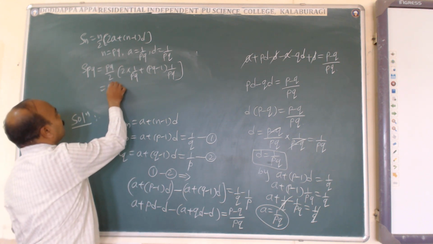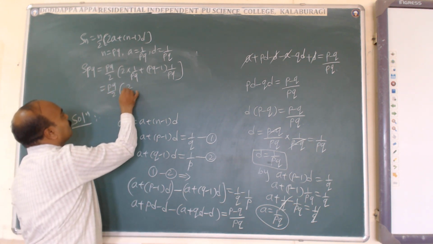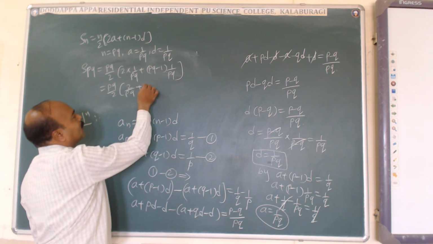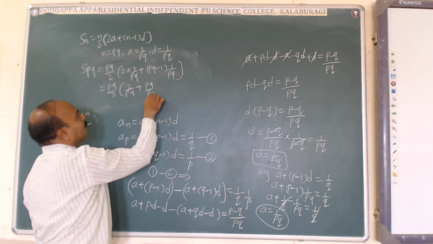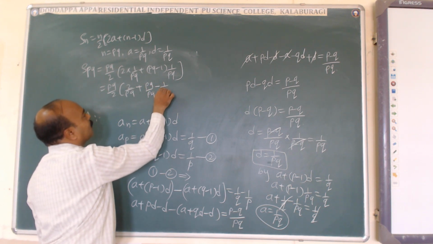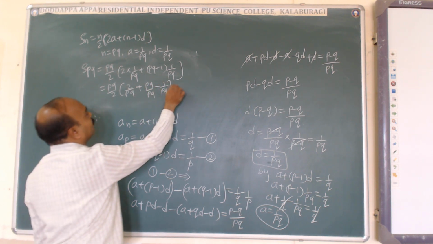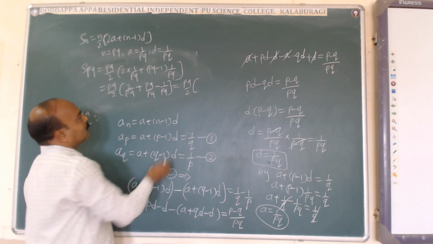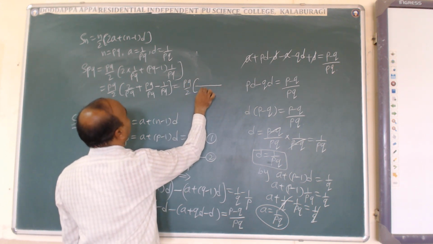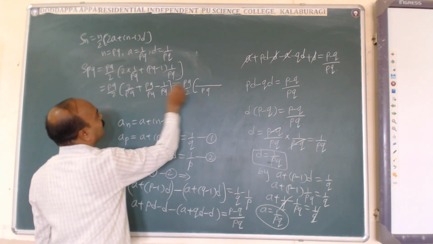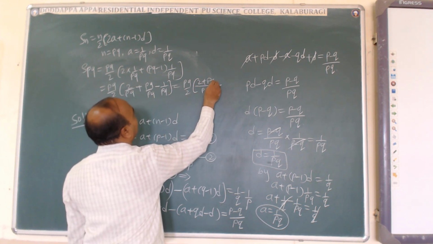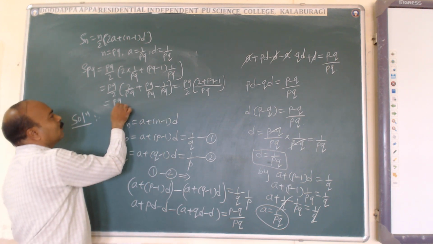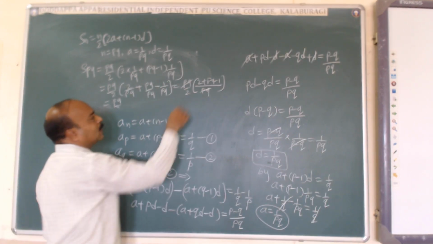Now we get pq by 2, it is 2 by pq plus, multiplying this, pq minus 1 by pq. Now it is pq by 2 as it is. You take the LCM, it is pq. Here 2 plus pq minus 1. Next it is pq by pq and pq cancel.